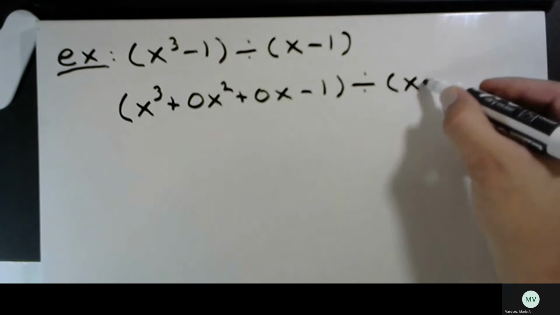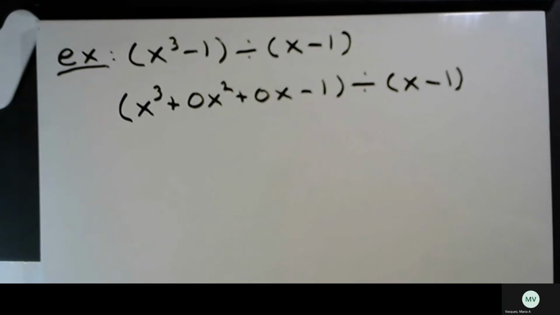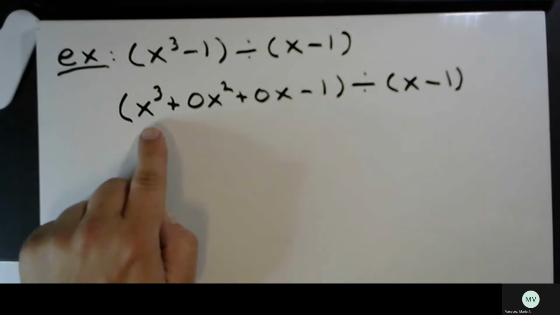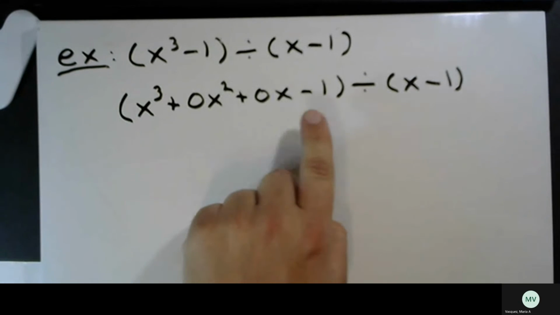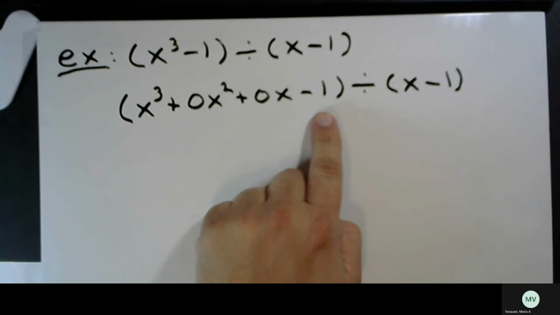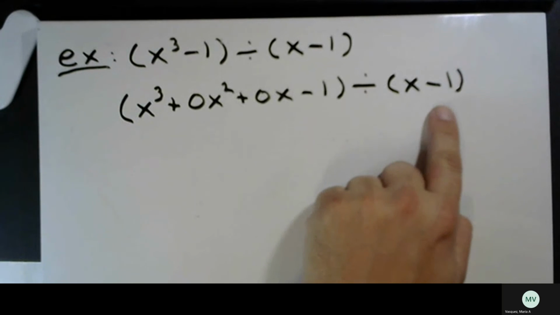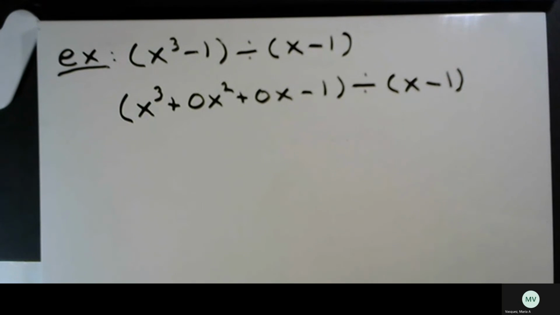And then we have x minus 1. So now we have all the whole number degrees represented. Degree 3, degree 2, degree 1, degree 0. Degree 1, degree 0, all good.